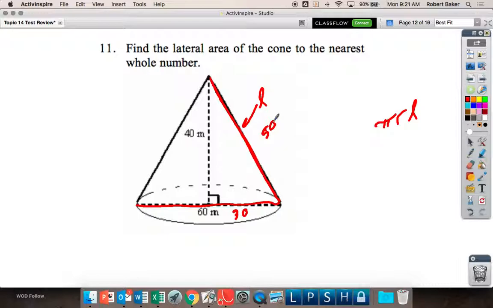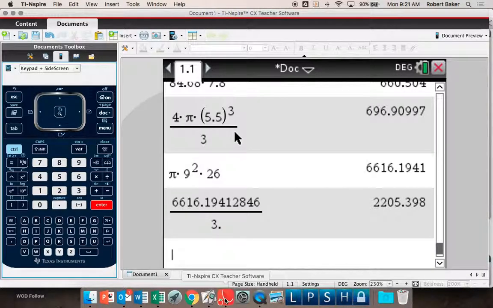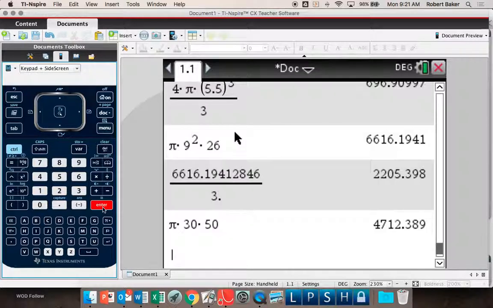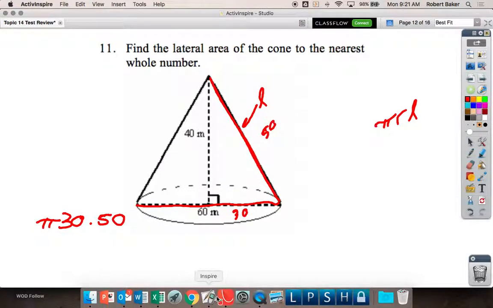So pi r L gives the lateral surface area: 4,712. Nearest whole number, 4,712 meters squared.